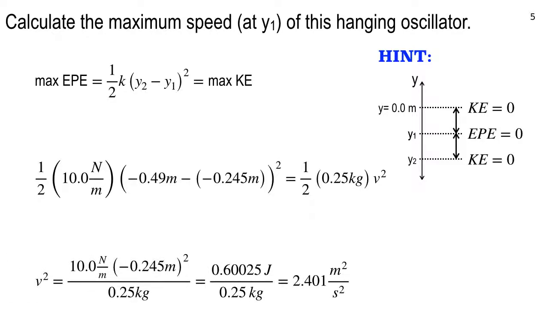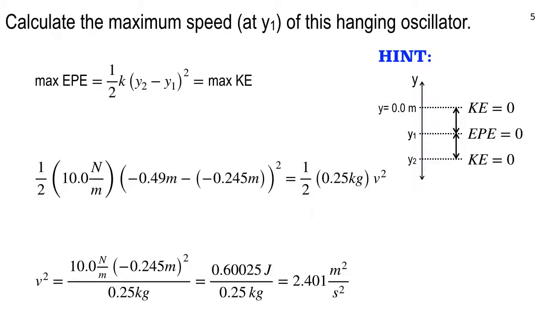And solve for v squared. So it's basically 10.00 times negative 0.245 quantity squared, which it doesn't matter that you have the negative in there because it's squared, but you may as well be accurate. And then 0.25 kilograms in the denominator.